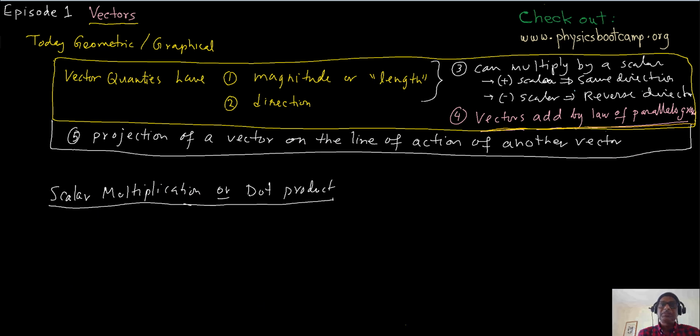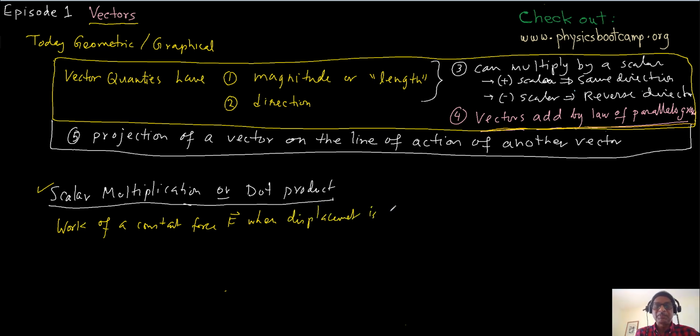The next concept we want to be very clear about is scalar multiplication. Often in physics there is quite a lot of application of this. For instance, the work of a constant force F, when the displacement of that object is d.